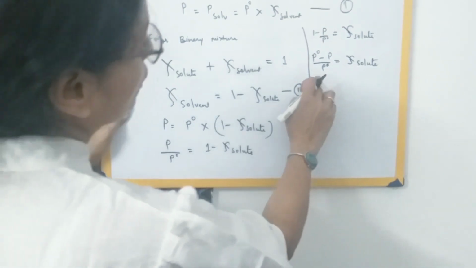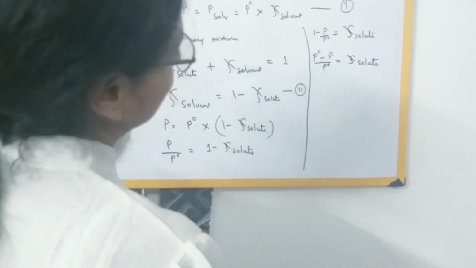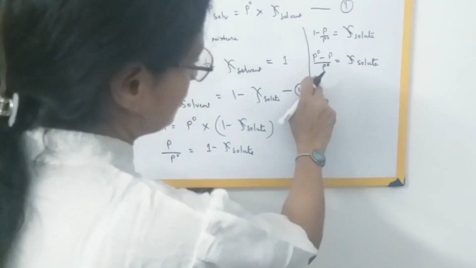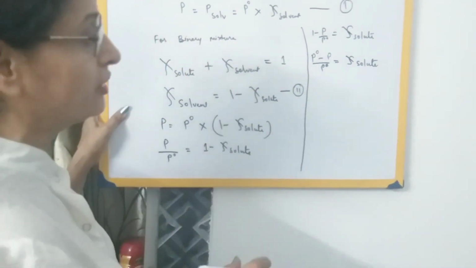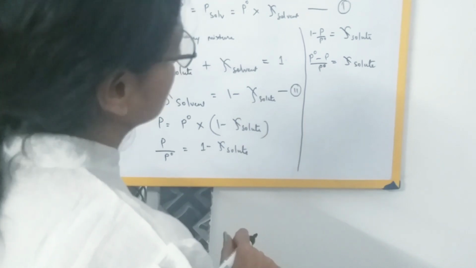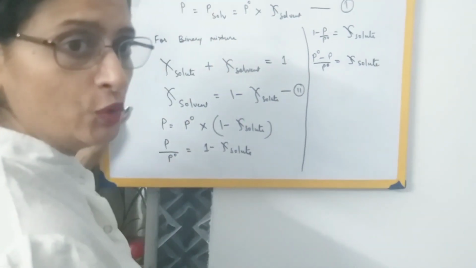From this we get the law given by Raoult: the relative lowering of vapor pressure of a solution which is a binary mixture containing a volatile solvent and a non-volatile solute is equal to the mole fraction of the solute.